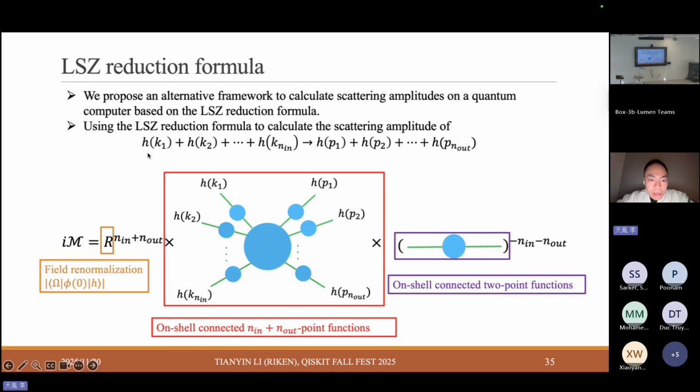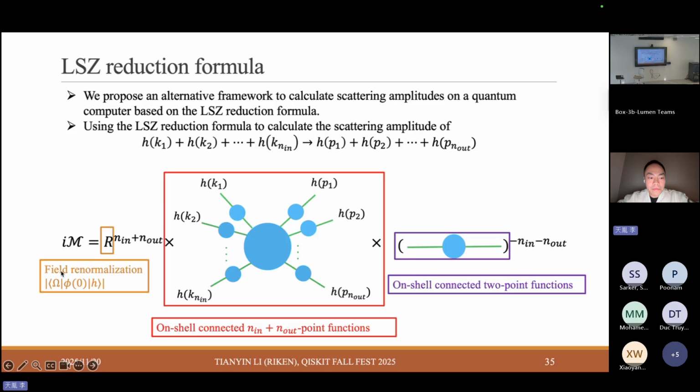And suppose we are concerned about the scattering amplitude of K incoming particles and N outgoing particles, then the LSZ reduction formula tells us that the scattering amplitude can be represented by those three quantities.